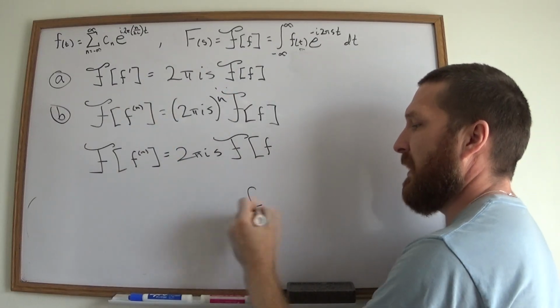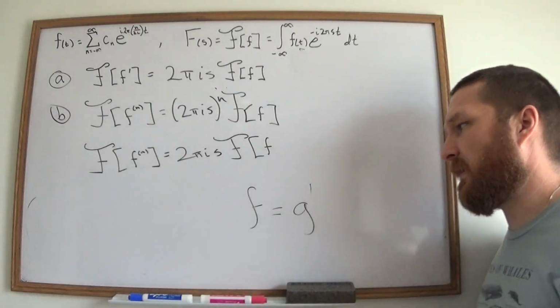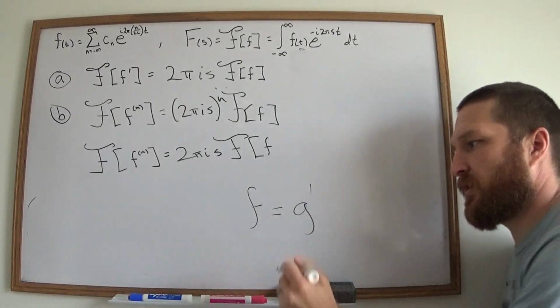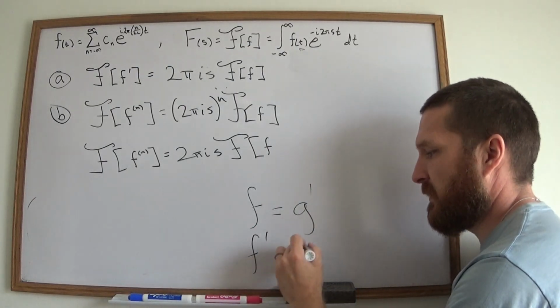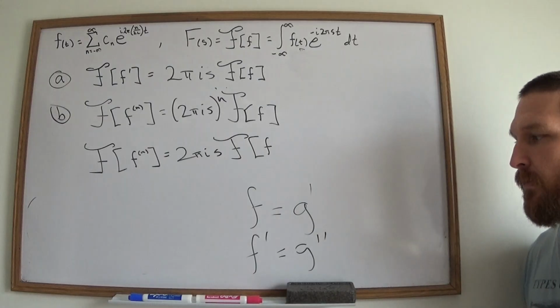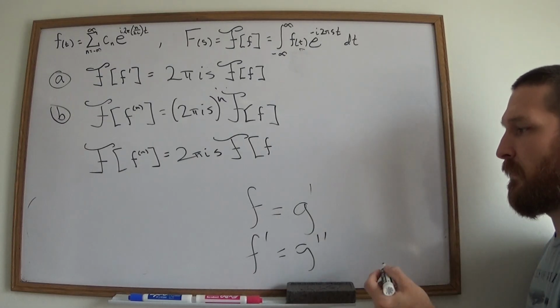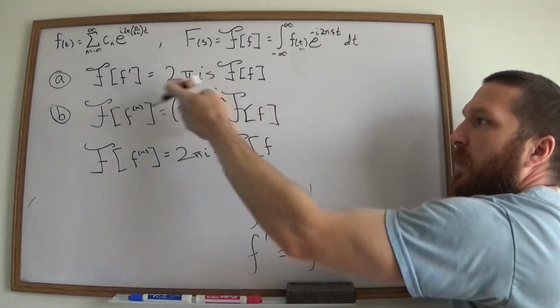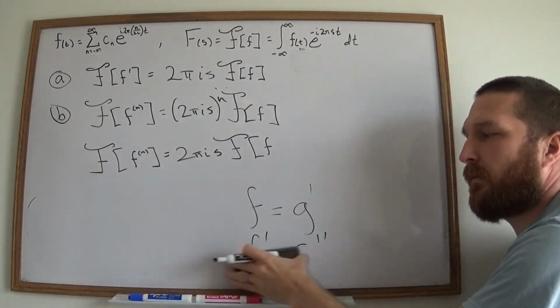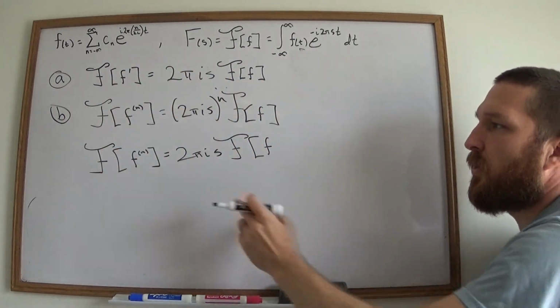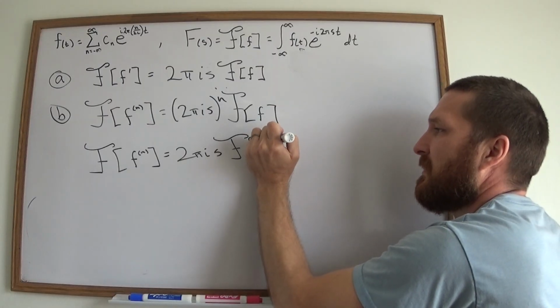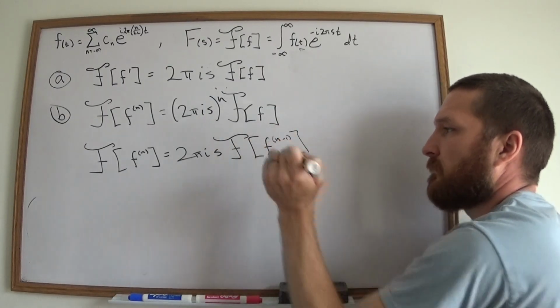Because who's to say that f wasn't g prime to begin with? In which case, f prime is g double prime, right? And so then this is already a derivative, you know what I'm saying, right? So one derivative less than this would be n minus 1.